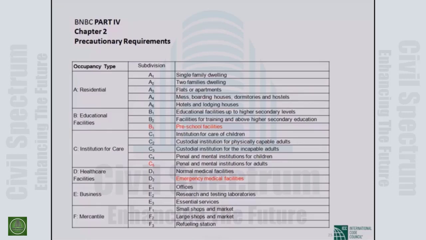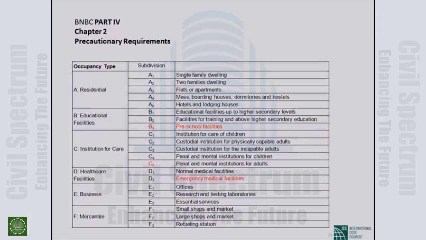Occupancy is the type of occupant you are using it for, or type of process or type of thing you are doing inside the building. So it is classified in that way.